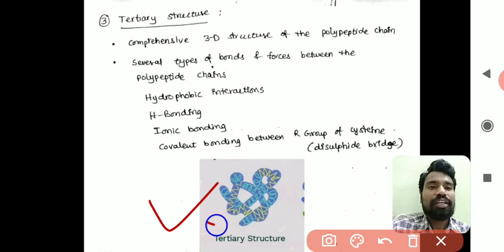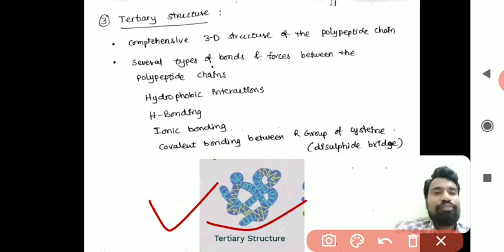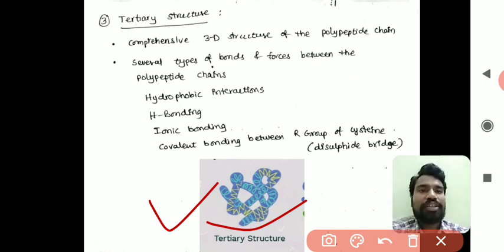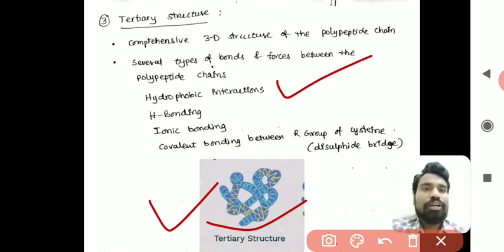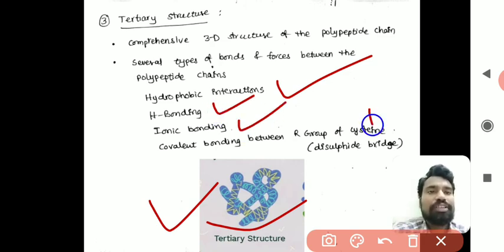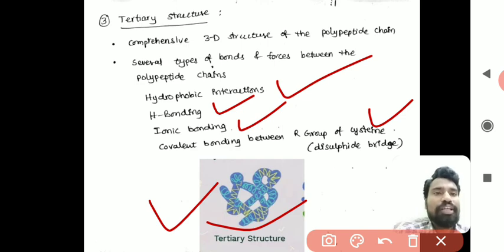So observe here there are 4 or 5 different polypeptide chains which are bonded with different kinds of interactions. Those interactions would be hydrophobic interactions, or hydrogen bonding interactions, ionic bonding interactions, or covalent bonding interactions for alkyl groups of cysteine.